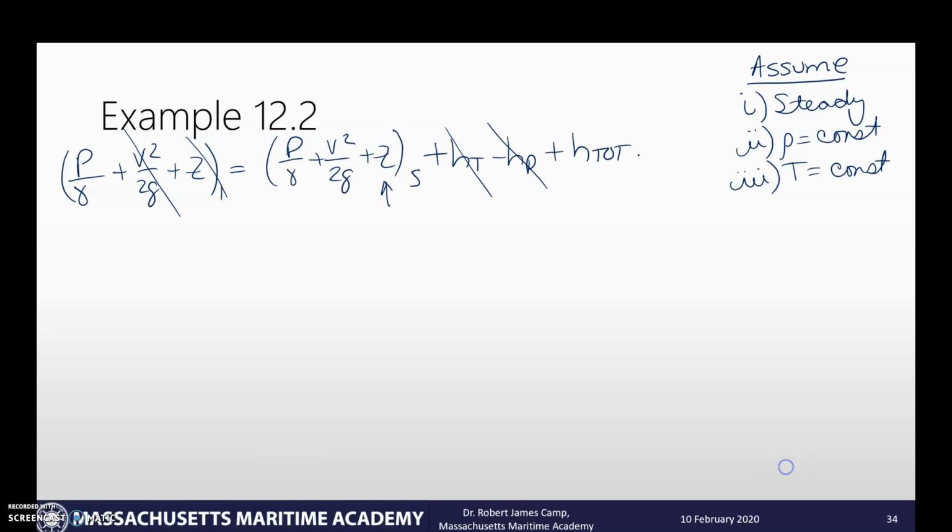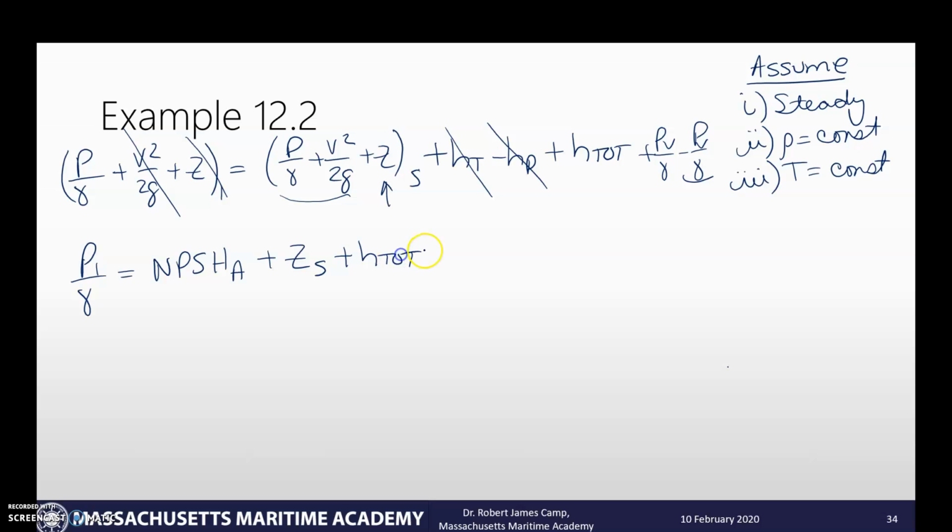Now I'm going to want to add and subtract my vapor pressure head, because once I do that, I will be able to take these three terms here and say that I have my net positive suction head available from those three terms, plus my height, plus my total head loss, plus my vapor pressure head.